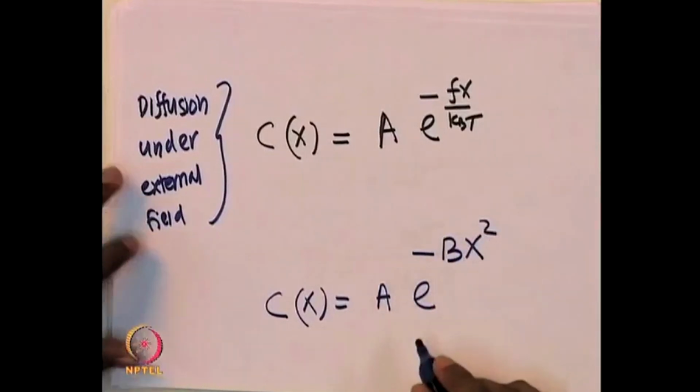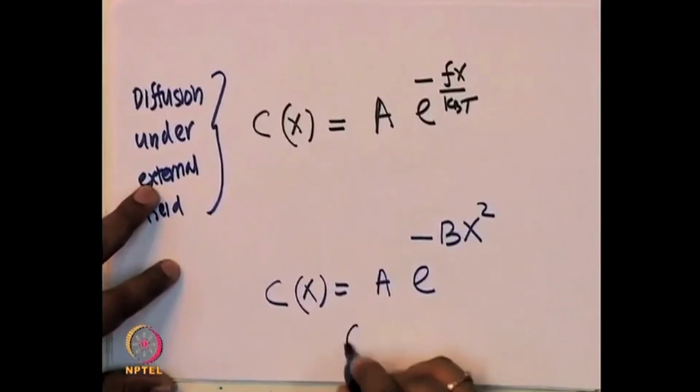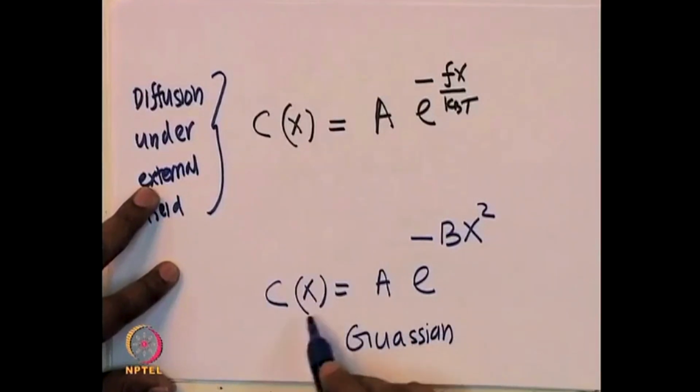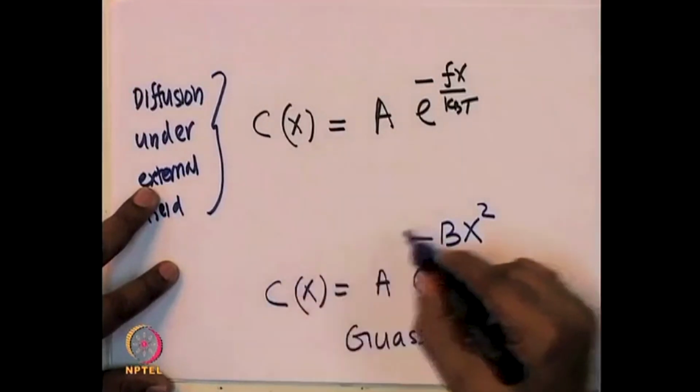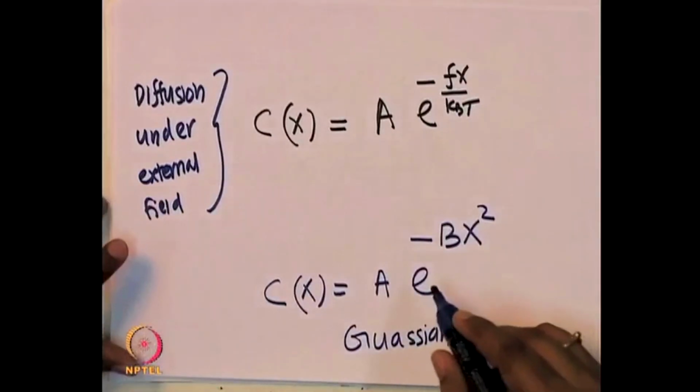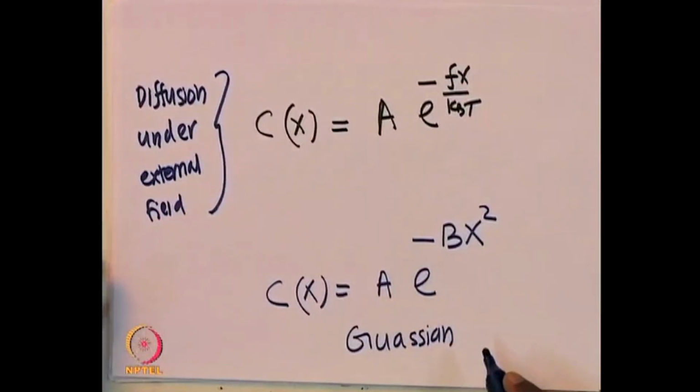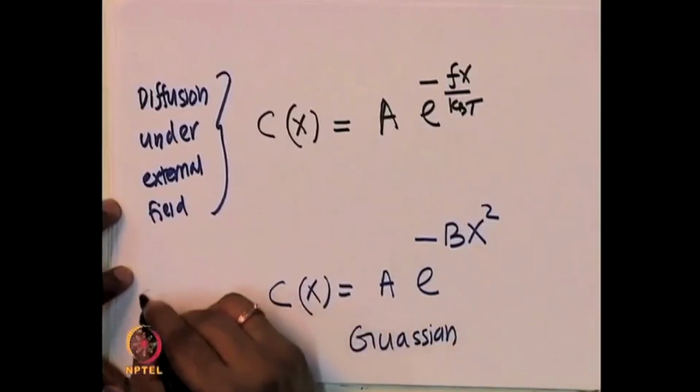This function is called a Gaussian function. This has a bell-shaped curve if you plot this. So, this is a Gaussian function, and this is free diffusion.